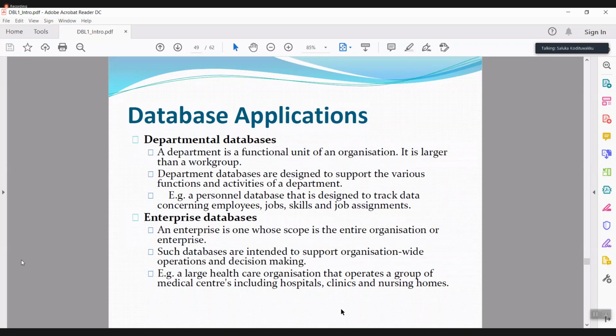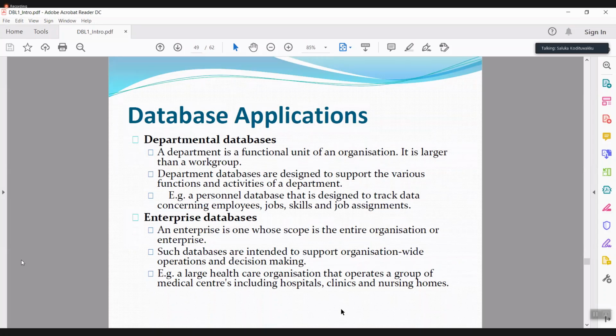That is our mini world. And if we create a database so that all the stakeholders of the banking industry can access that particular database, that is one of the bigger enterprise databases.